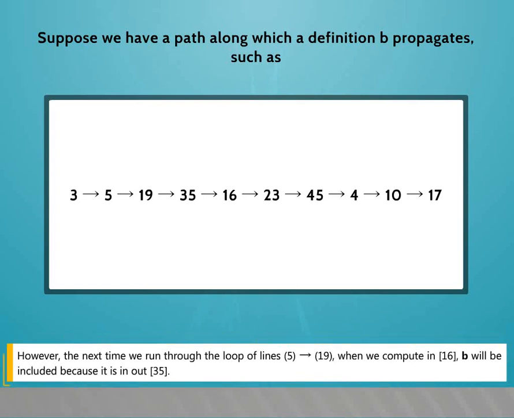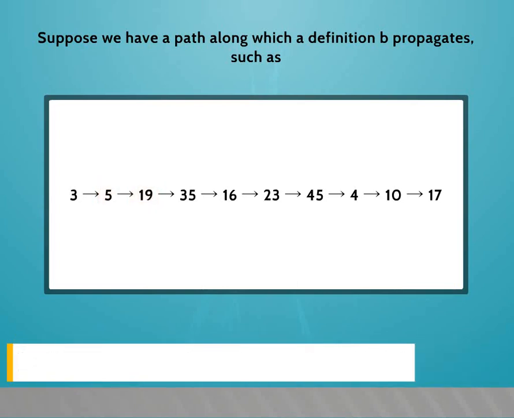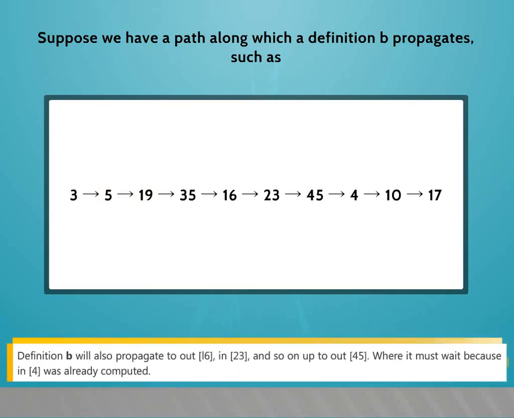However, the next time we run through the loop of lines 5 gives 19, when we compute in of 16, B will be included because it is in out of 35. Definition B will also propagate to out of 16, in of 23 and so on up to out of 45, where it must wait because in of 4 was already computed.